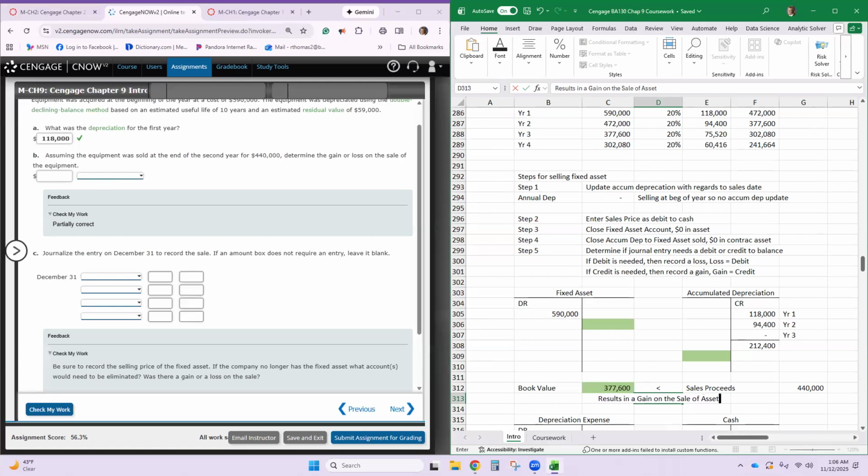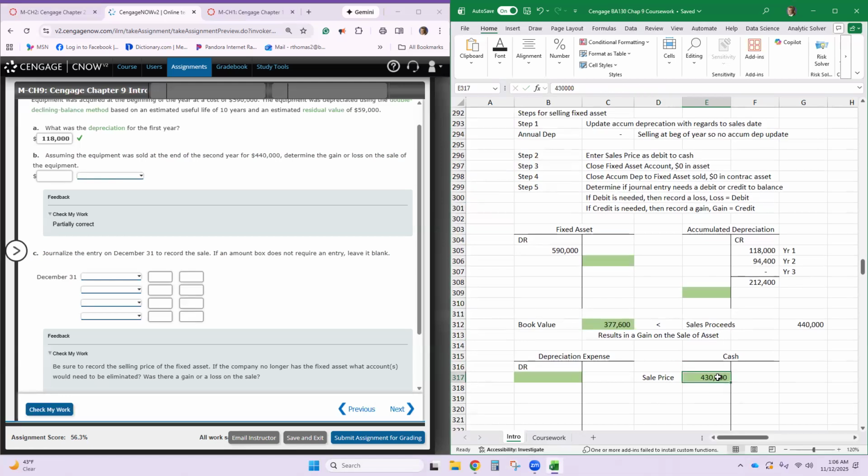So put your proceeds in. Proceeds equals this; you've got that much coming in. It's a debit. You're going to debit this account for however much is sitting here.